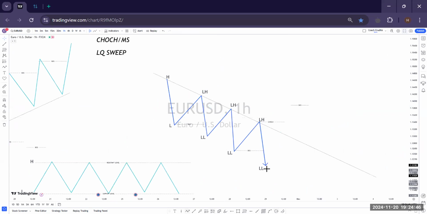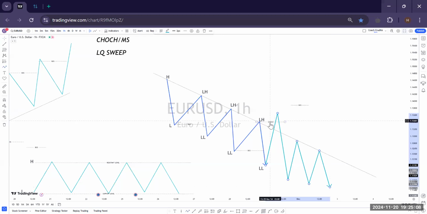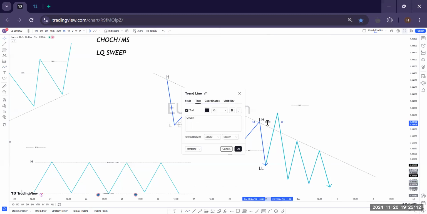Anytime for a downward trend you discover that price sweeps your lower high and continues in its original direction, keeps on respecting the trend line, it's seen as a liquidity sweep. So in that way you won't tag it as a change of character. You tag it as X. You can use X, fine.